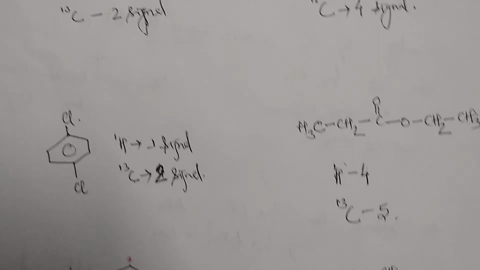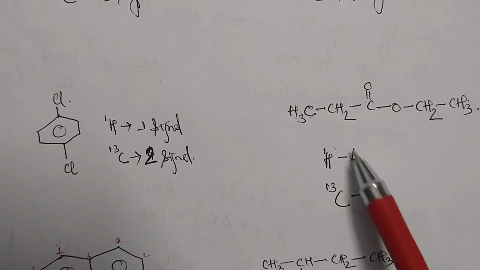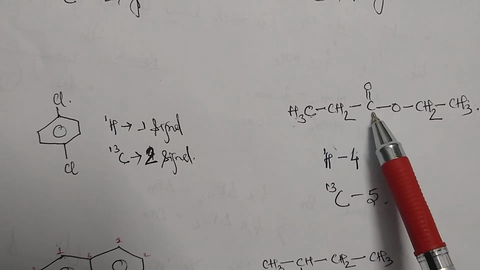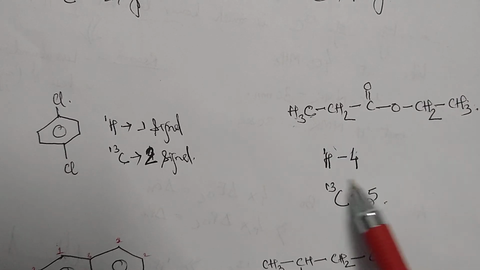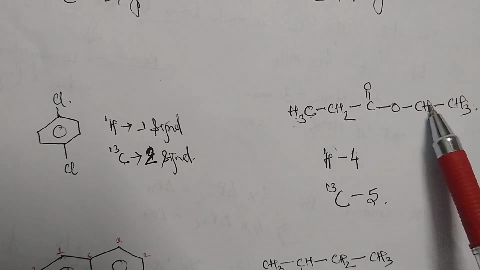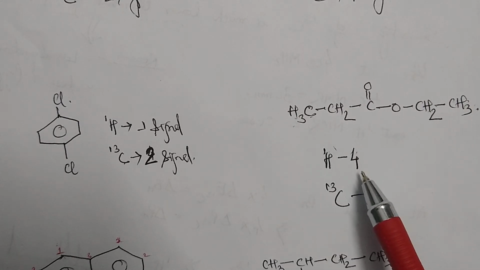Now moving towards another example, we have 1, 2, 3, 4, 5, that is, for 13C we will get 5 signals, and for proton NMR 1, 2, 3, 4, we will get 4 signals.